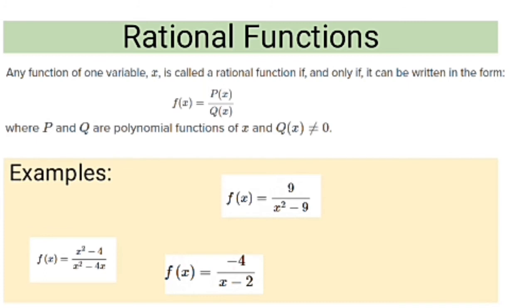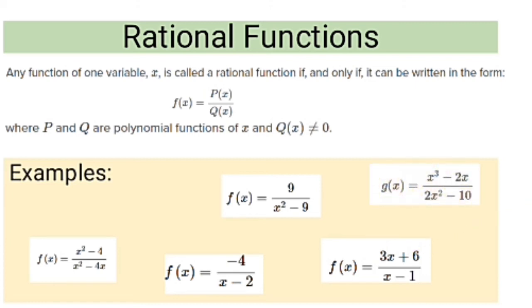Third example is f(x) equal to -4/(x - 2). Fourth example is f(x) equal to (3x + 6)/(x - 1). Same thing, our numerator is a polynomial which is 3x + 6, while the denominator is the polynomial x - 1.